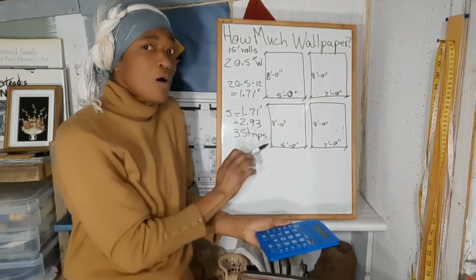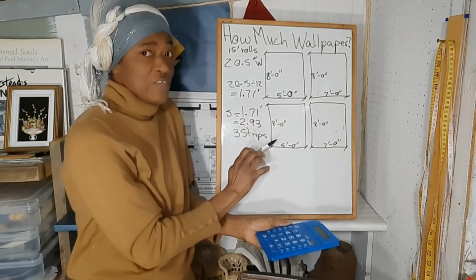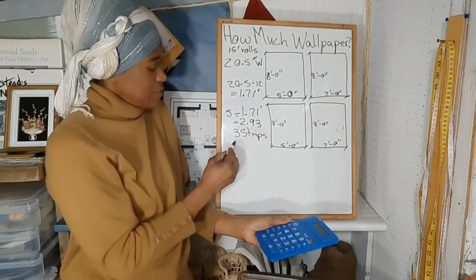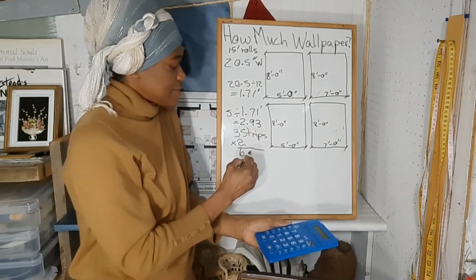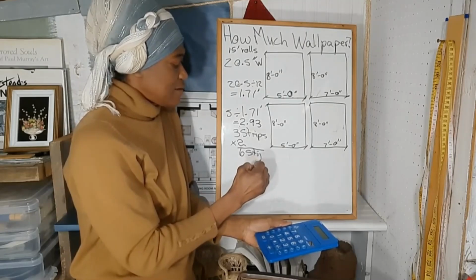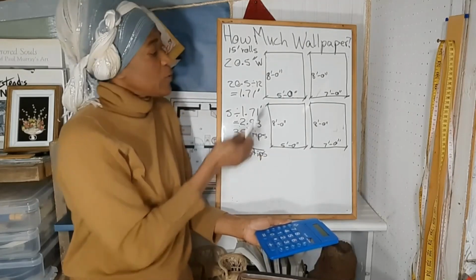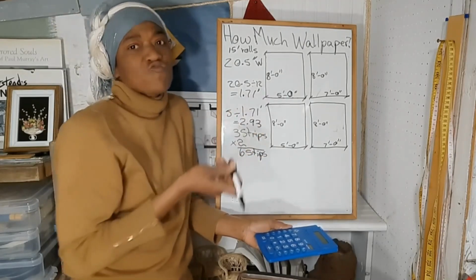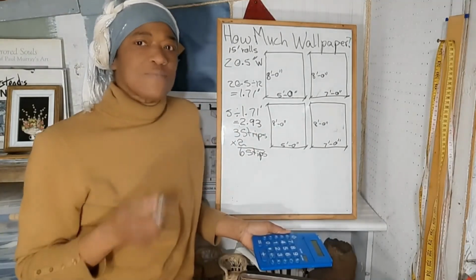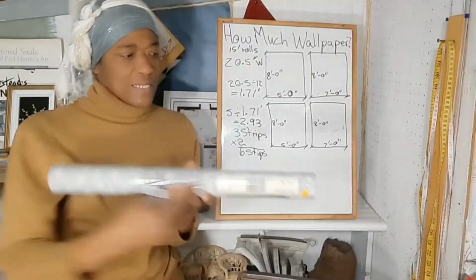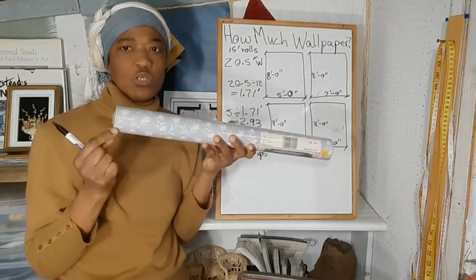However, we have 2 walls that are 5 feet wide. So we will multiply the 3 and we'll get 6 strips. So we will need 6 strips or widths. If you hear me say strips, it's the same as widths, basically from here to here.